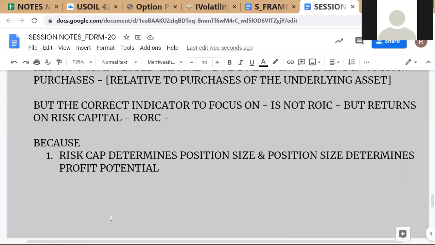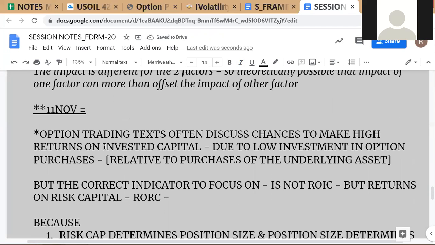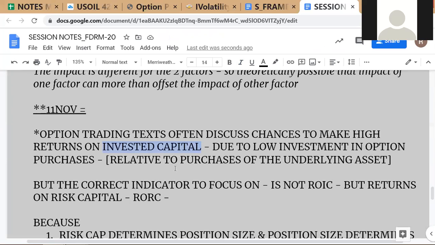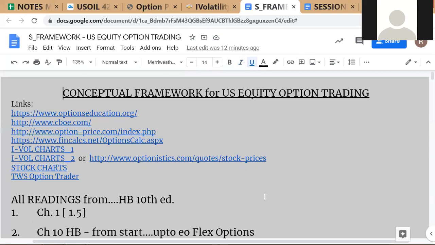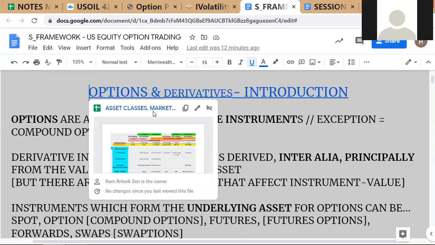And the other reason, of course, is that for ROIC, let's put it this way, invested capital, I will show you this in a different session. If you see here at the very beginning, when we discuss this, we're talking about different types of instruments.